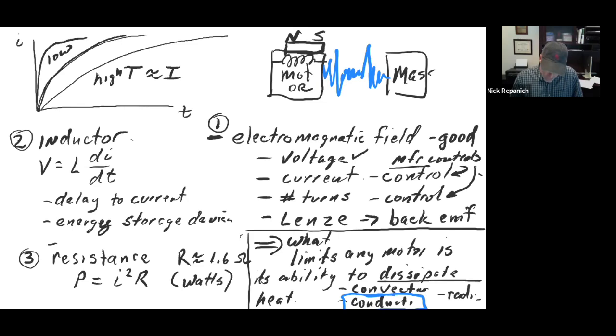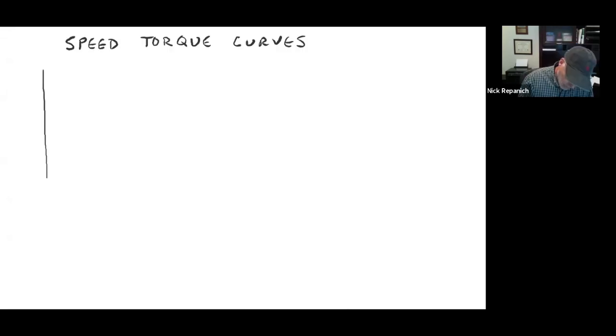So this is what you're thinking about when you're trying to figure out which motor to use and how you operate a motor, which parameters you have control over. You have some control over all of these when you pick a motor. One of the curves that becomes really important when you start to pick a motor is, on one hand, kind of advanced.